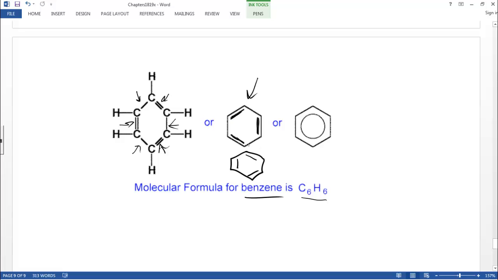Or you could rotate this, right? Just spin it a little bit so this one spins to look like that one. And so it doesn't matter if you put the double bond up here or over there and then alternate, it's still the same molecule. So an even faster way of drawing the skeletal drawing is just put a circle in there. And what we're going to have to know is that this drawing means benzene.